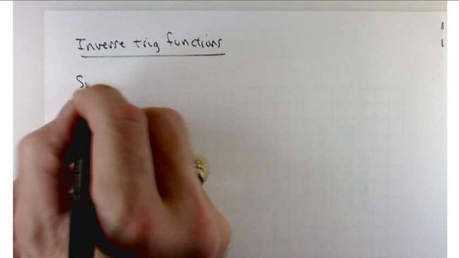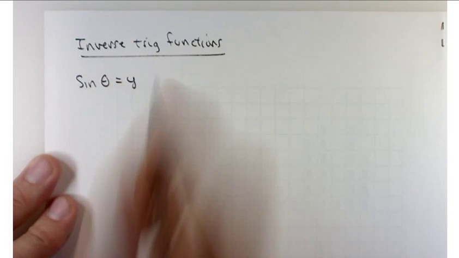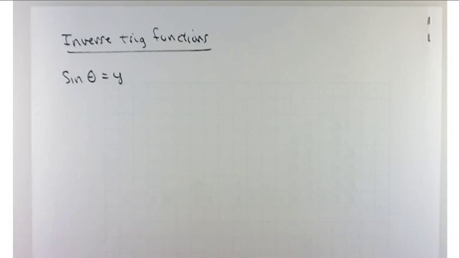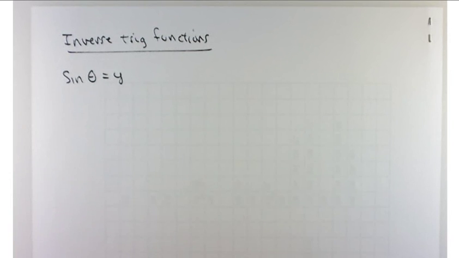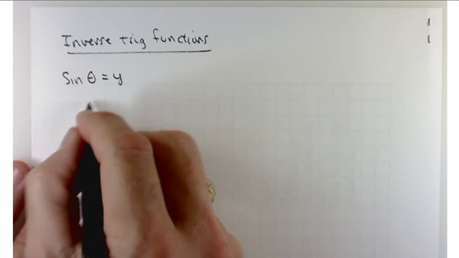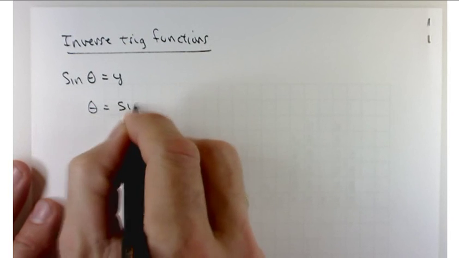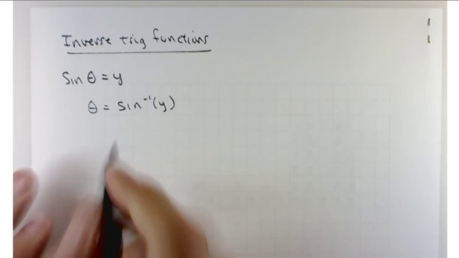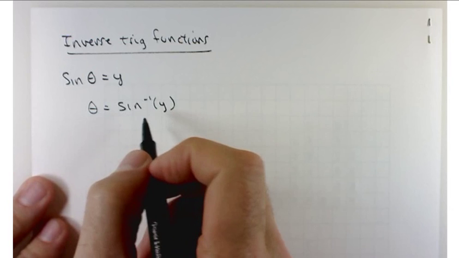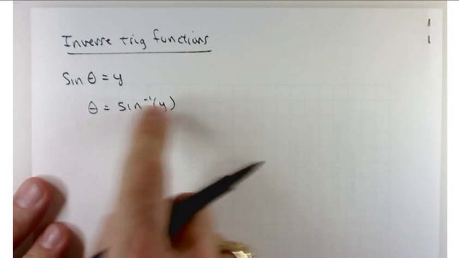Typically, we think of sine of theta as equaling the y-coordinate of a point on the unit circle. But you could undo this relationship. You could solve for theta. So theta equals the sine inverse of y, represents an angle between negative pi over 2 and pi over 2, whose sine is y.